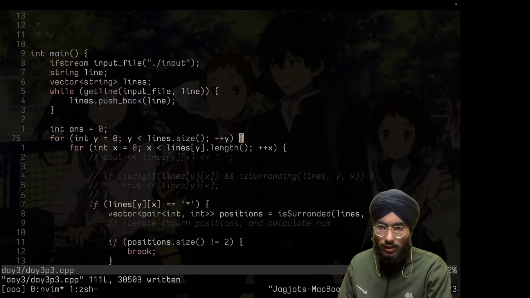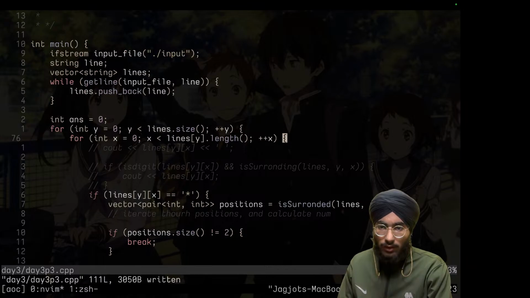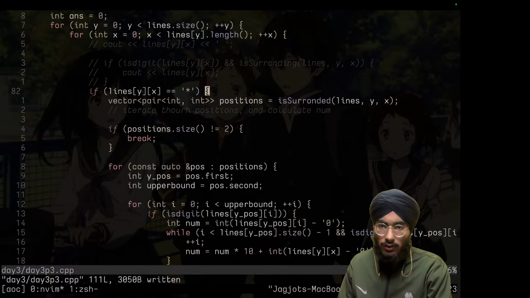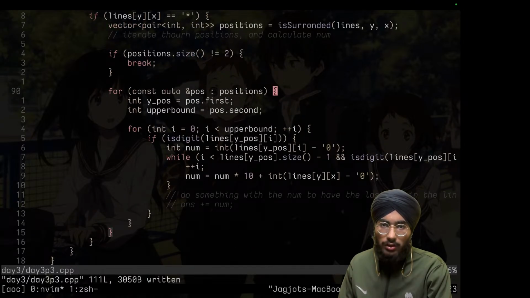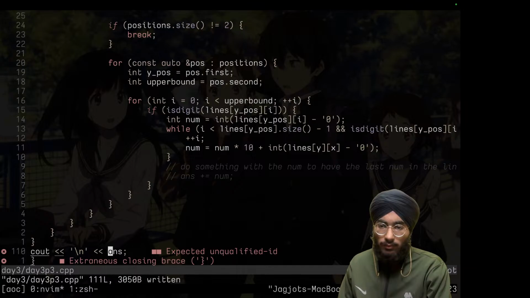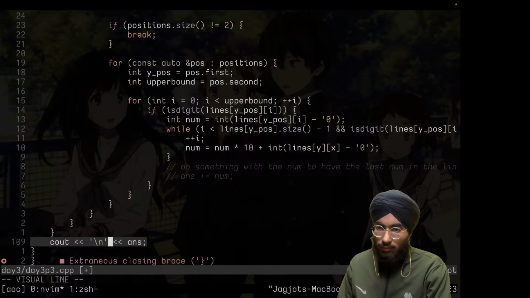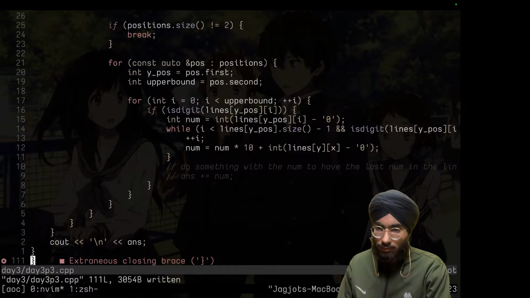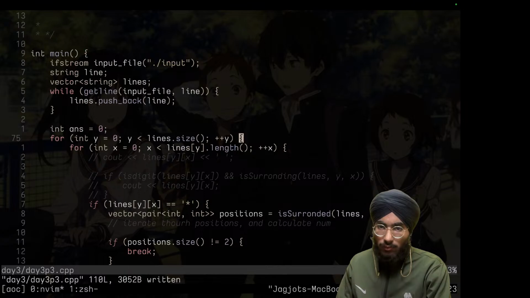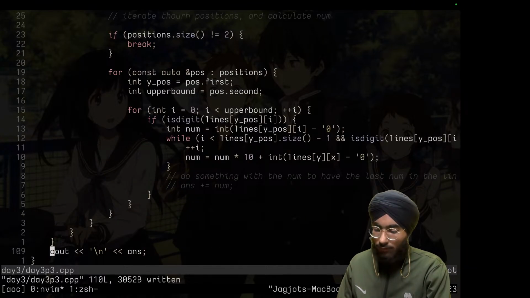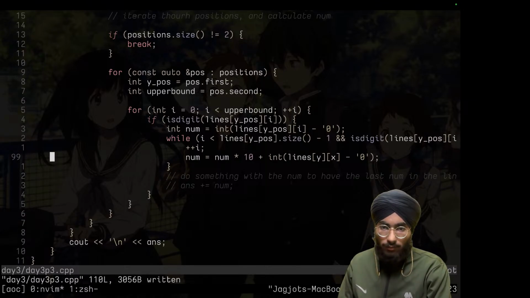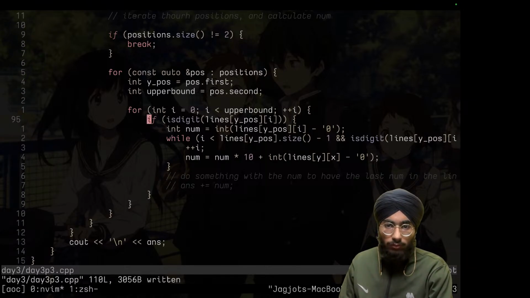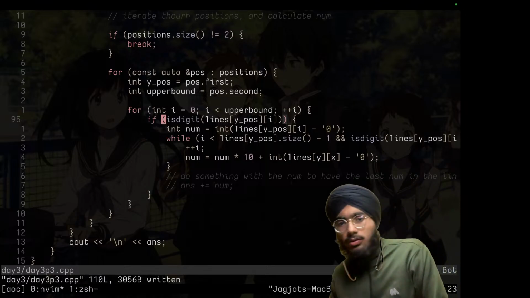Int main, and this is for y. This is for x. This is for is a star position shift. Okay, so we need to do something with the num.